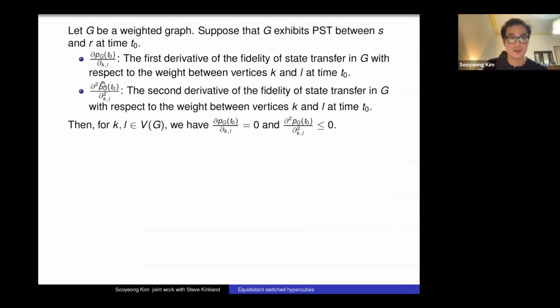Similarly, we use this notation to denote the second derivative of the fidelity with respect to the edge weight.